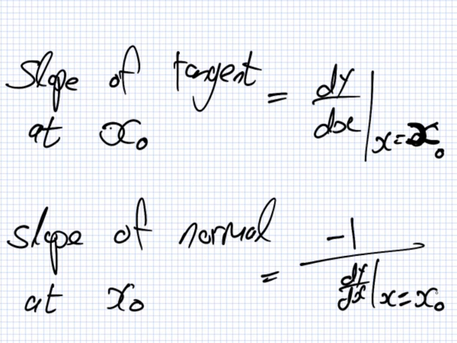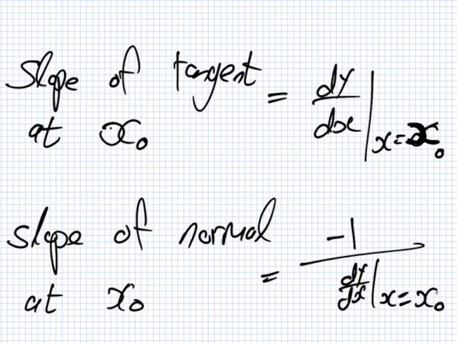So we have, let's see. I want you to try this one. Y equals sine x. Find the equation of the normal to y equals sine x at x equals 0.